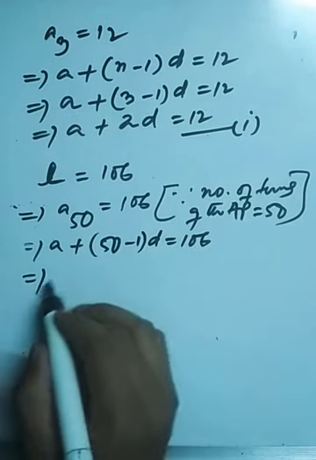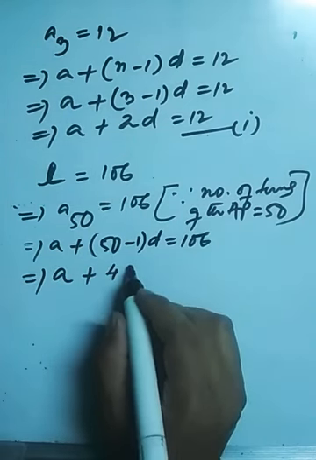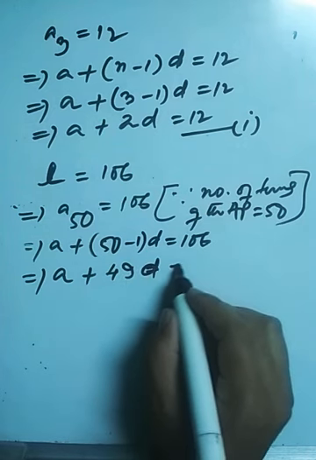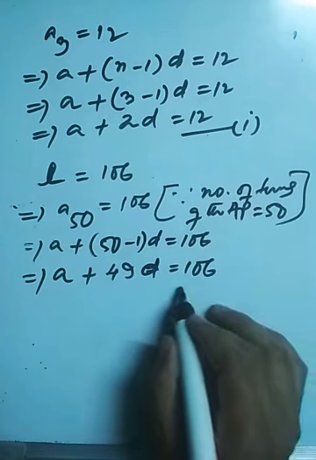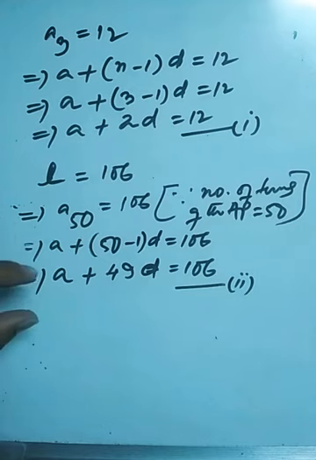Okay, so now it will be A plus 50 minus 1, it will be 49D. It will be how much? 106. Here is equation 2. So what happened is, from equation 2, let us subtract equation 1 like we did before.